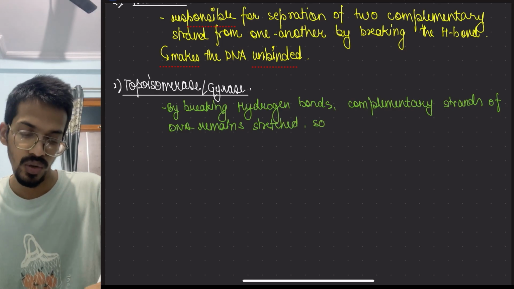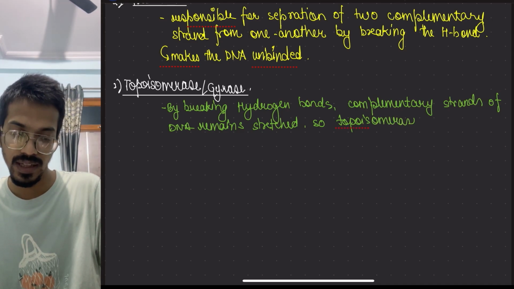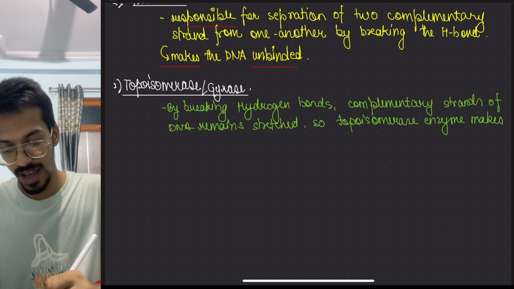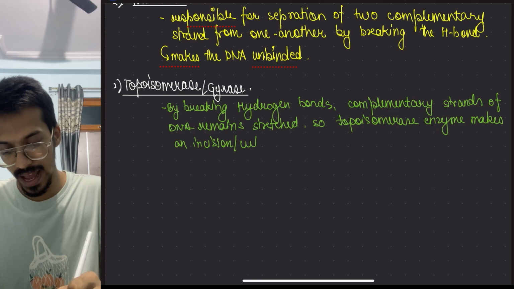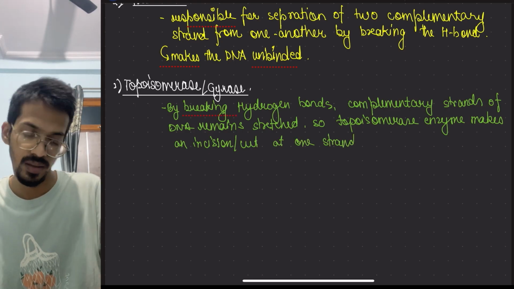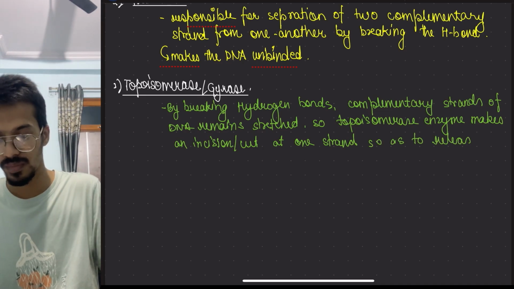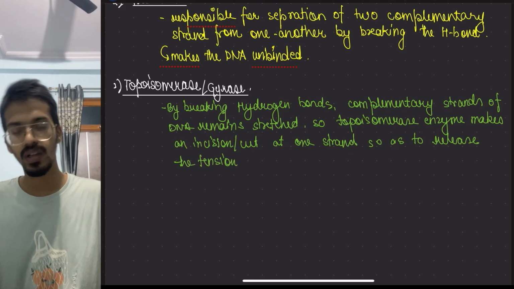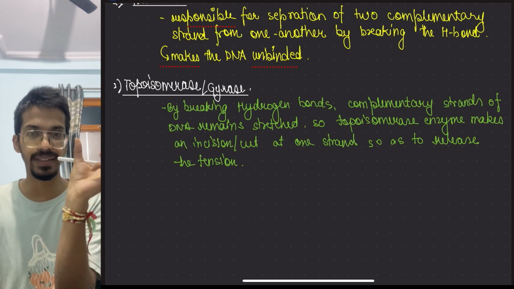So the topoisomerase enzyme makes an incision or cut at one strand so as to release the tension, and that strand will become one kind of fragment at one strand.